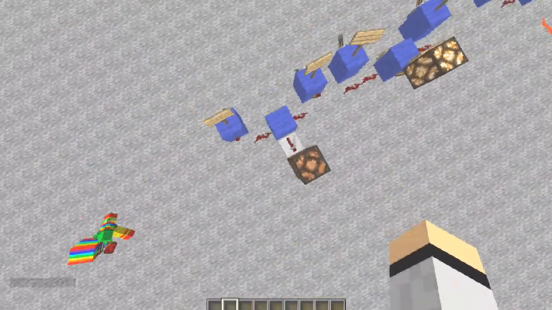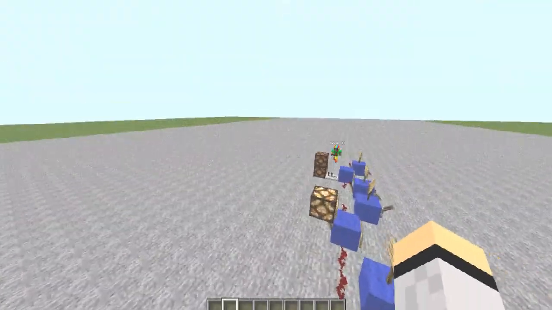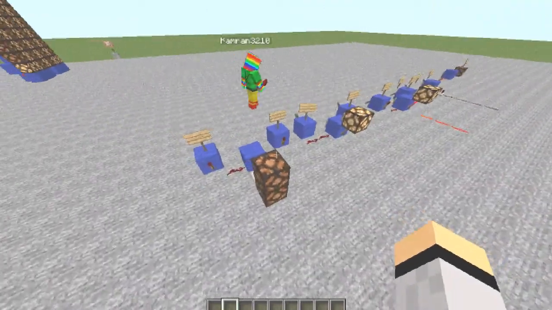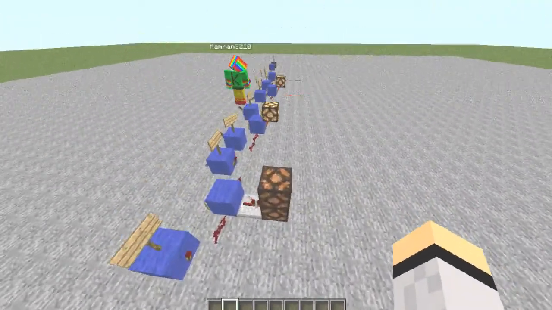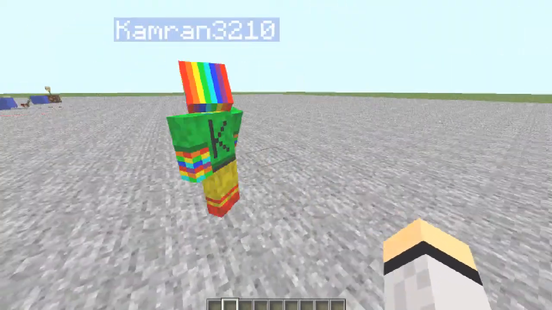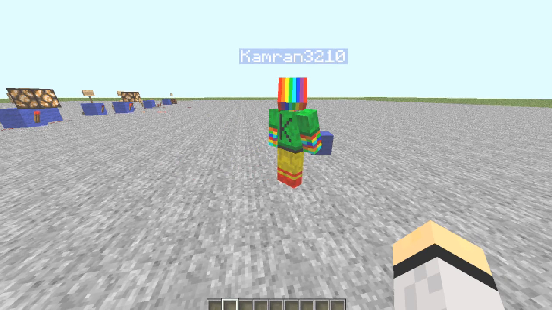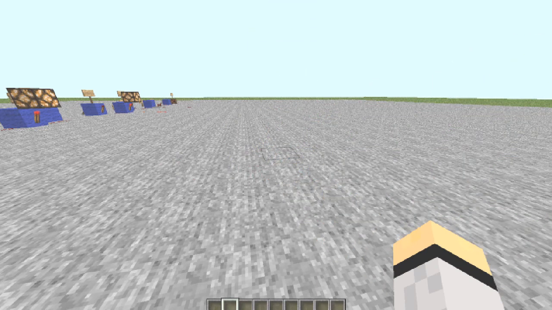Now I'll show you quickly how to make slightly smaller versions of these, because these are a bit chunky at the moment. Well, you can't make the NOT gate any smaller since it's as small as it can be.